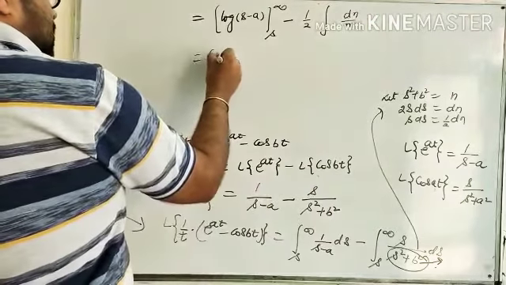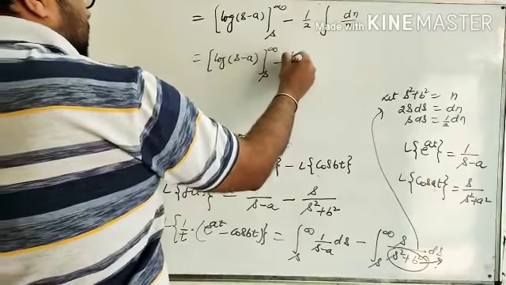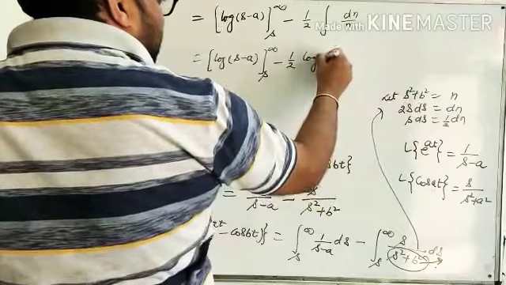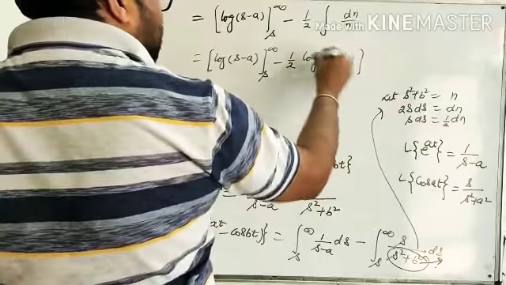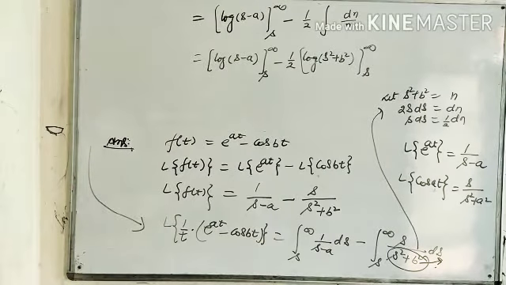That is, log of s minus a, limit s to infinity, minus 1 upon 2 log n, and what is n? s square plus b square, under the limit s to infinity. Now we have to replace the limit in this term.